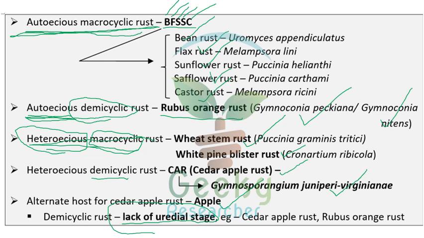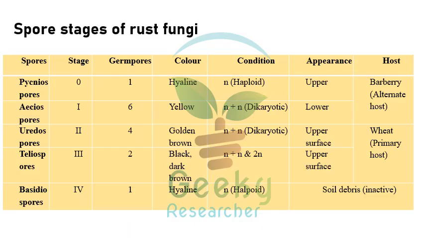We can't discuss the whole life cycle, but I will tell you some important stages in the life cycle of stem rust. As I told you, 5 spore stages are present: pycniospore, aeciospore, uredospore, teliospore and basidiospore. Pycniospore is denoted as 0. In the life cycle of wheat stem rust, aeciospore, uredospore, teliospore and basidiospore were discovered first, and the pycniospore was discovered much later.